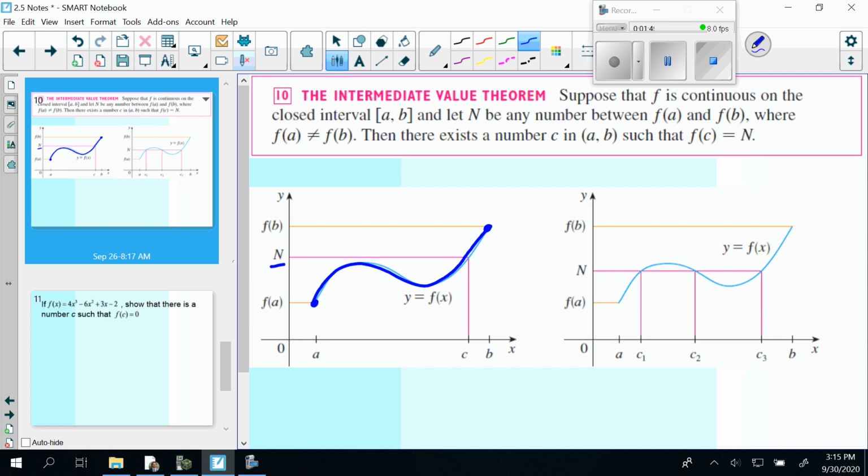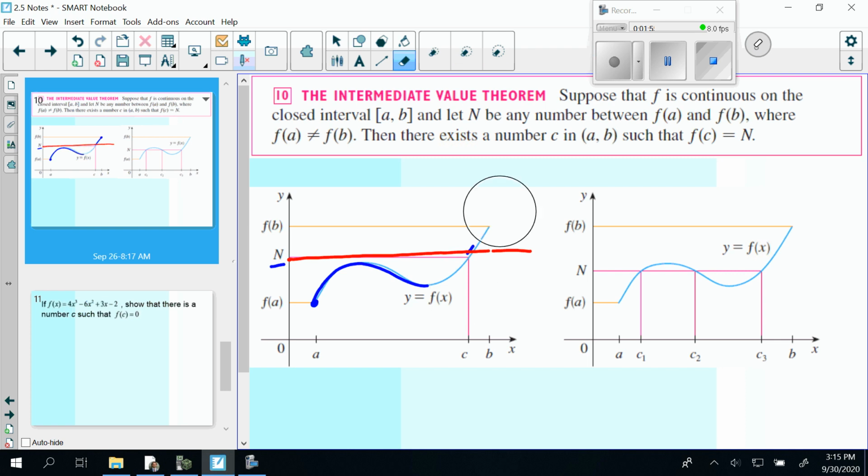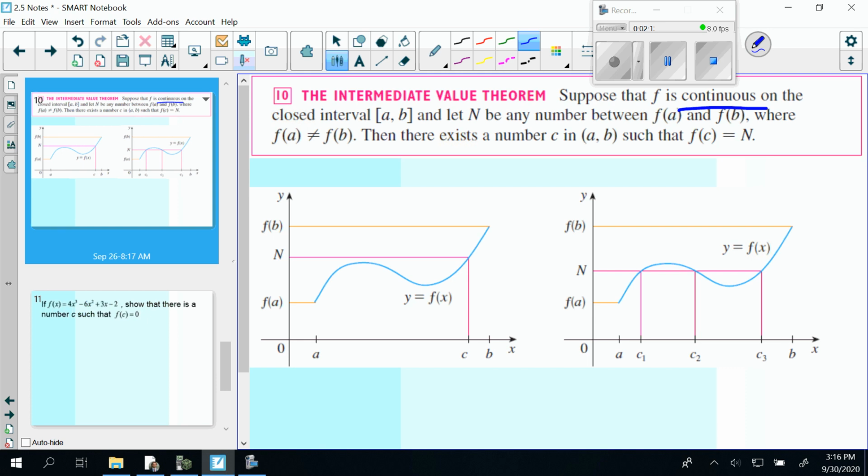The only way to not cross through this y value would be for me to somehow get here, pick up my pencil and do that. But by doing that, now this isn't continuous anymore, and we have to be continuous for this theorem to work. So if you have a continuous function, it's impossible not to pass through that y value at some point.